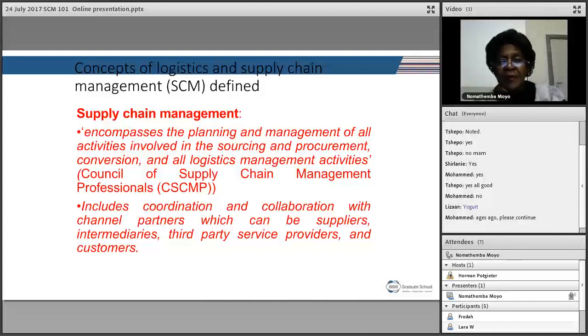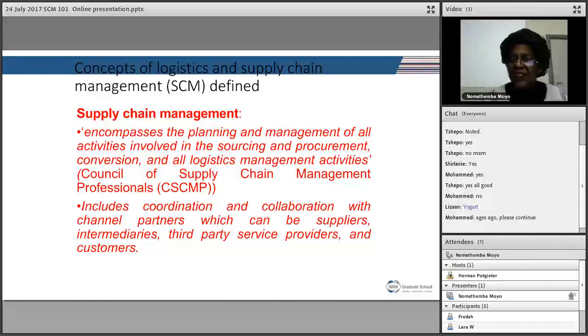Now, they wanted you to define what supply chain management is. We have done so a bit with logistics. Supply chain, therefore, encompasses the planning and management of all activities involved in the sourcing and procurement, conversion.